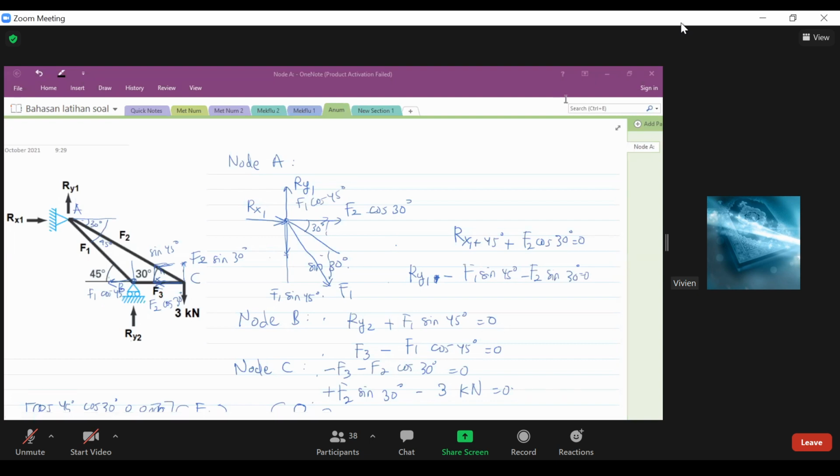So you can see it already on the screen.